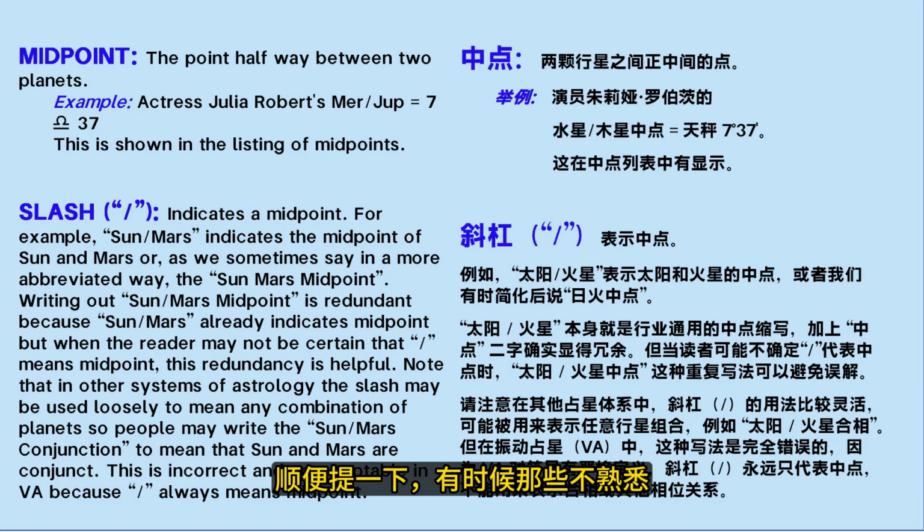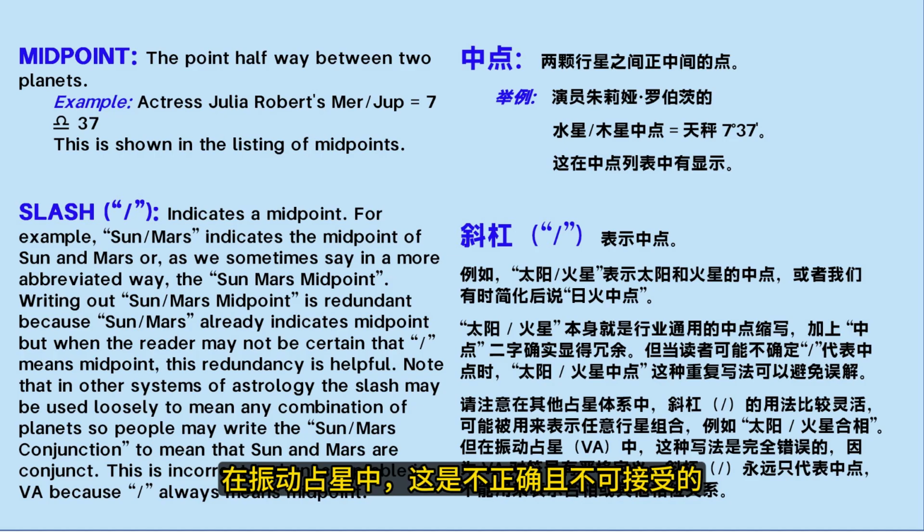And by the way, sometimes people who are not experienced in using midpoints will use slashes. So people may write Sun/Mars conjunction to mean that Sun and Mars are conjunct. I see this very frequently, a slash being used.